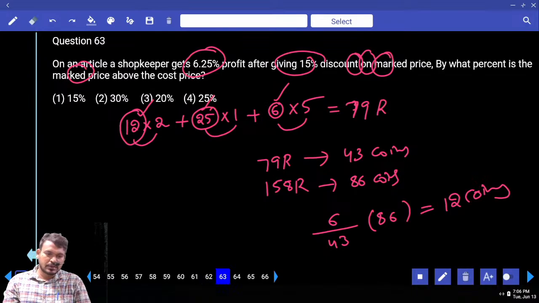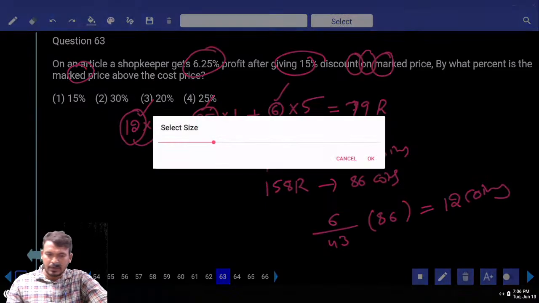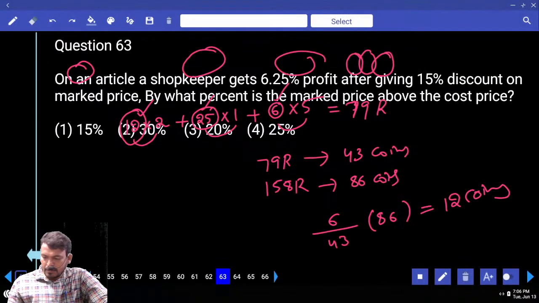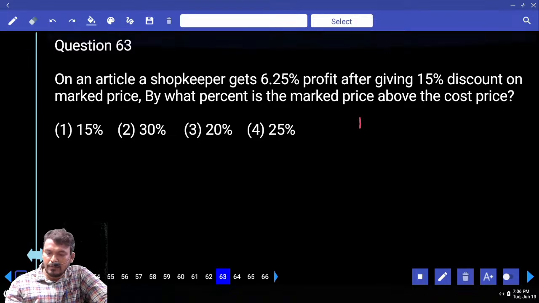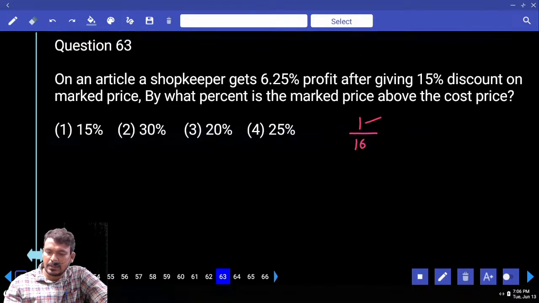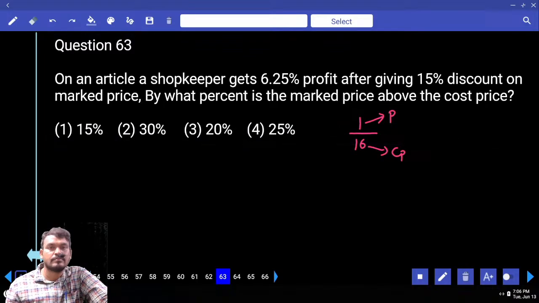Next question, number 63. On an article, a shopkeeper gets 6.25% as a profit and gives a 15% discount on the market price. By what percent is the market price above the cost price? First, 6.25% means what fraction? 1 by 16. 1 by 16 means 16 is the cost price, 1 is the profit.